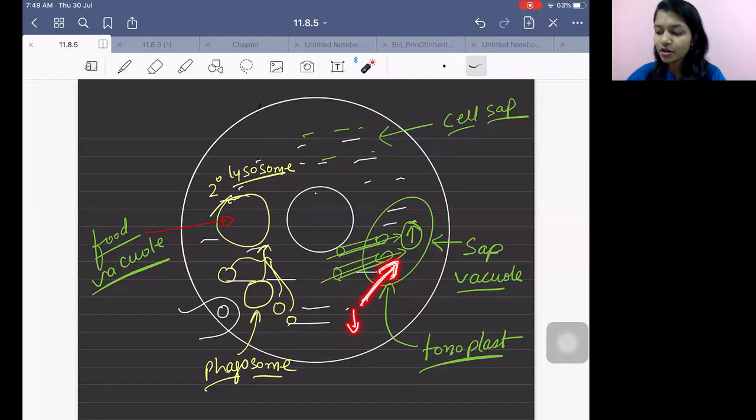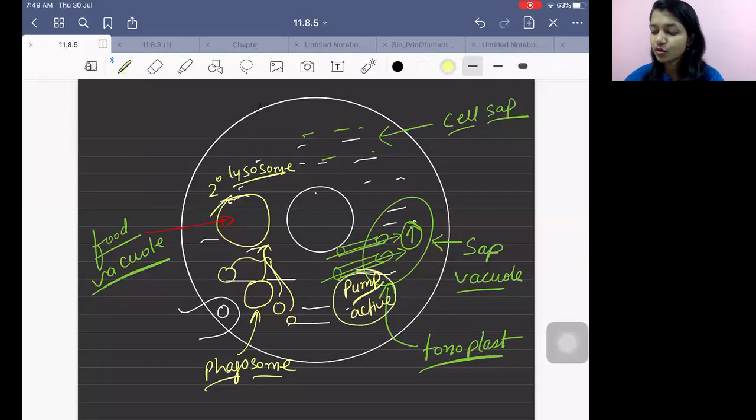Tell me, across the tonoplast, the movement will be active or passive? Will it be done by pump or not? So it will be done by pump, right? Okay, active. Yes, Azam. All right, because the movement will take place from lower concentration to higher concentration.